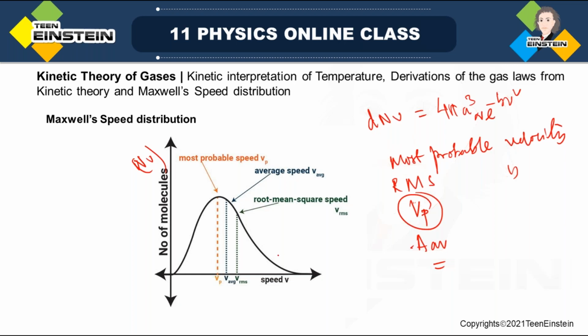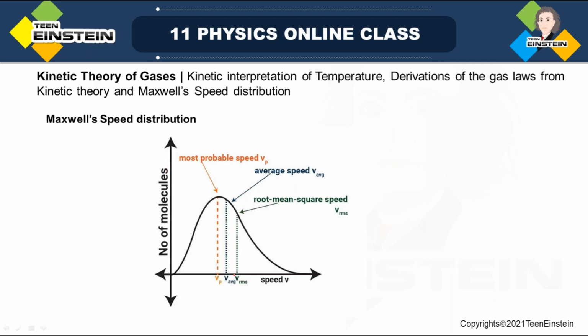In this curve you can see it is not symmetric about this line, the most probable velocity line. The left hand side has less area than the right hand side. Why is it so? Because molecules can have lowest velocity 0, and below 0 there is no velocity, but there is no upper bound.